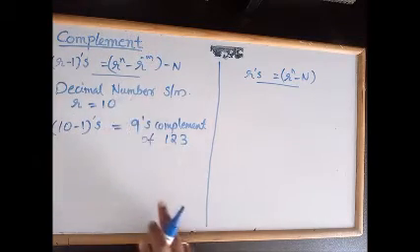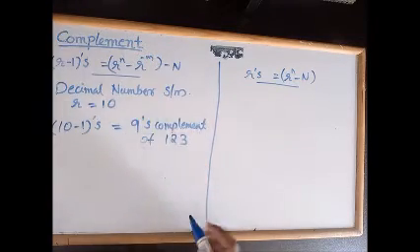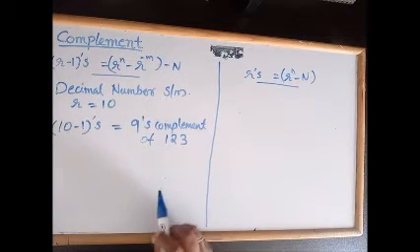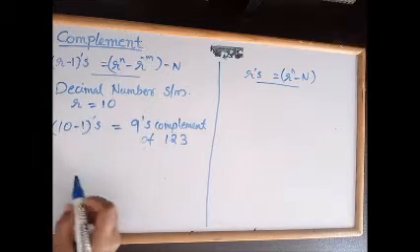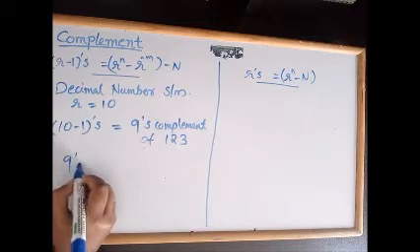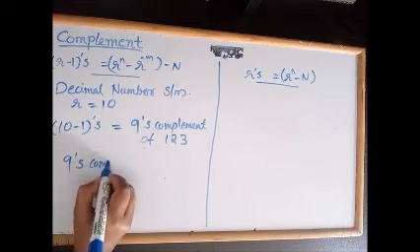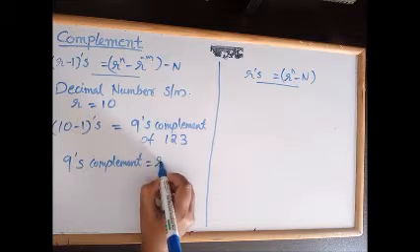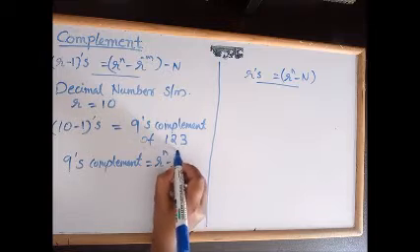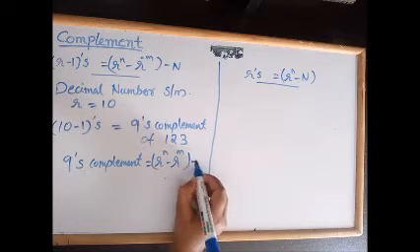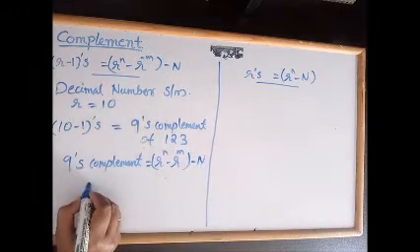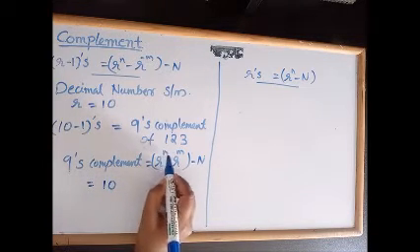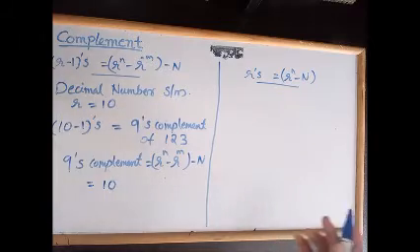How to find the 9's complement of 123? We know the equation to find the (r minus 1)'s complement, which in the decimal number system is known as the 9's complement. So the 9's complement is equal to r raised to n minus r raised to minus m minus N. What is r? r is equal to 10. 10 raised to n, where n represents the number of digits before the floating point.